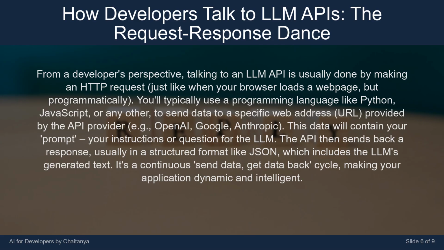This data will contain your prompt, your instructions or question for the LLM. The API then sends back a response, usually in a structured format like JSON, which includes the LLM's generated text. It's a continuous send data, get data back cycle, making your application dynamic and intelligent.